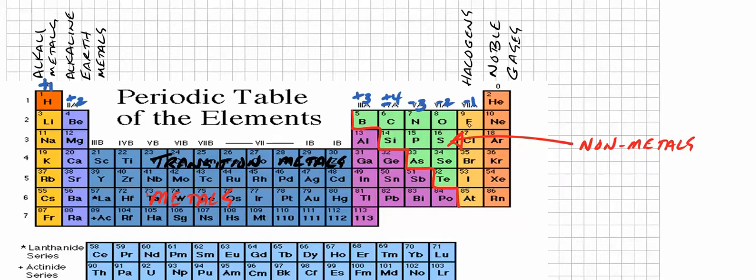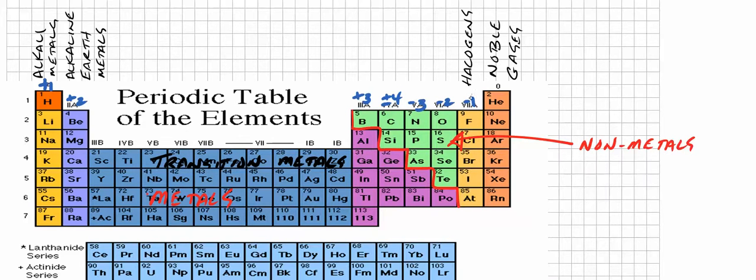Now, in terms of ion production, let's move over here to the left-hand side of the periodic table. Alkali metals tend to form +1 ions. Alkaline earth metals lose 2 electrons to form +2 ions, right? So atoms on this side of the periodic table tend to lose electrons to become cations.